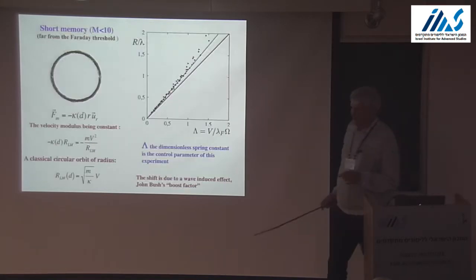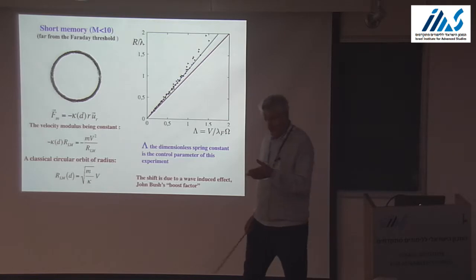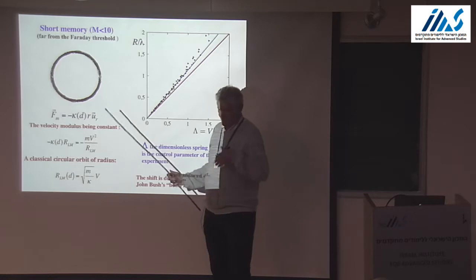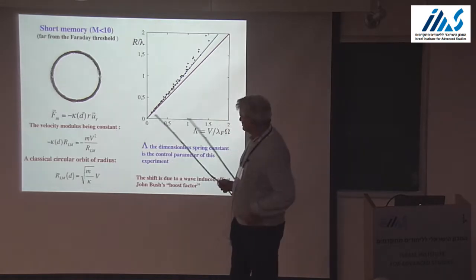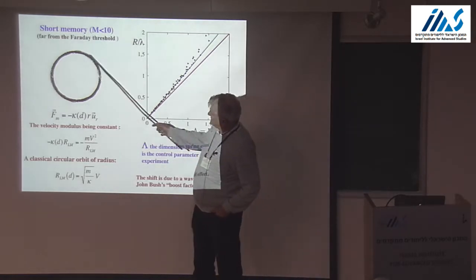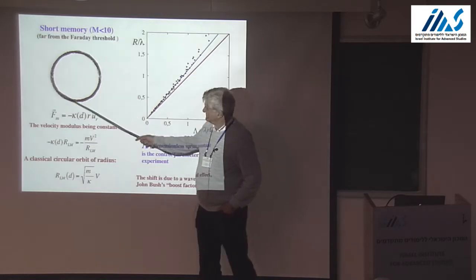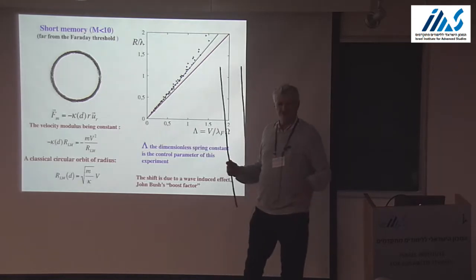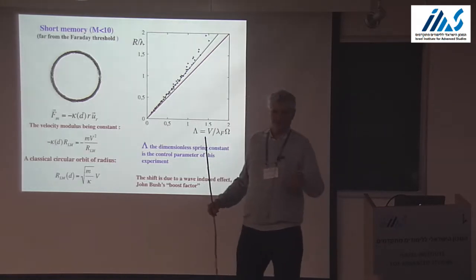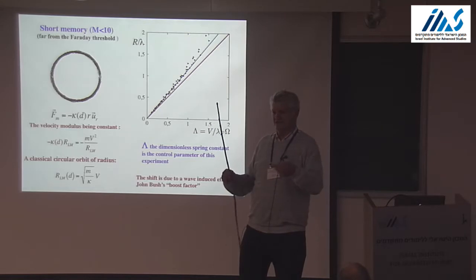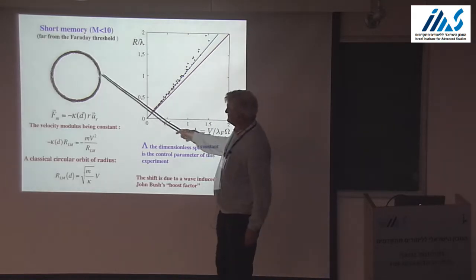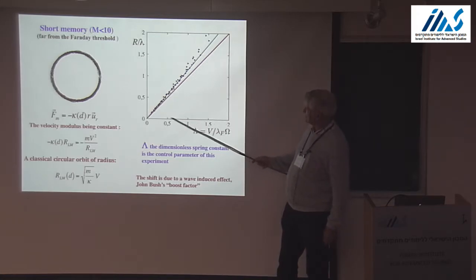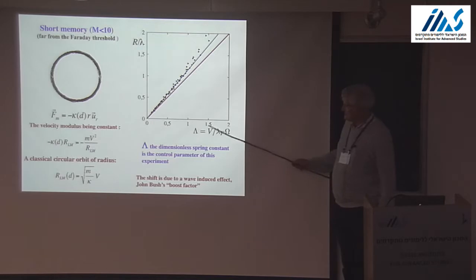Okay, so the first experiment is to see if the experiment works. You just put the walker at low memory, so far from the Faraday instability threshold. The waves are very localized beneath the walker, and it walks at constant velocity. Since its velocity is constant, the only natural trajectory in a central field is a circular trajectory given by the classical laws of mechanics, with a radius that changes continuously as a function of this lambda parameter.